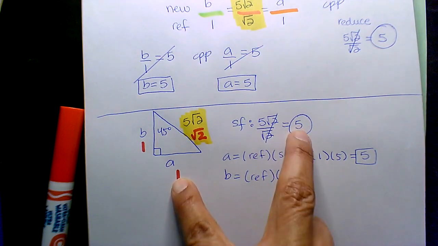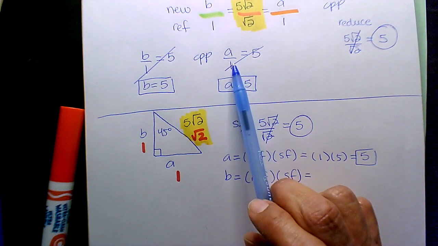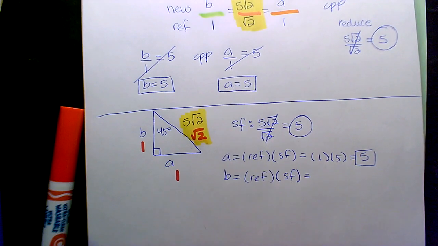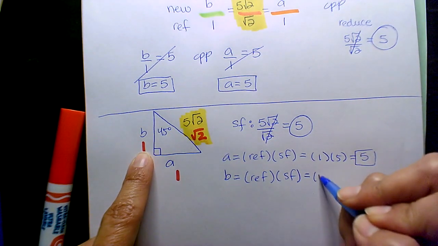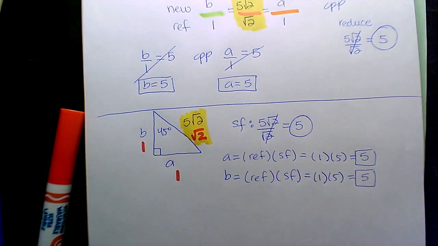So if I'm going 1 times 5, it's you setting up that portion of the cross product property and saying 1 times 5 is 5. The math is there, we're just making it more linear. So what's B? The red is 1 times my scale factor 5, and so it's 5. And obviously you could do it a lot faster. Okay, I'll stop it here. I'll give you guys a moment and I'll let this upload, and then we'll go to the second one.